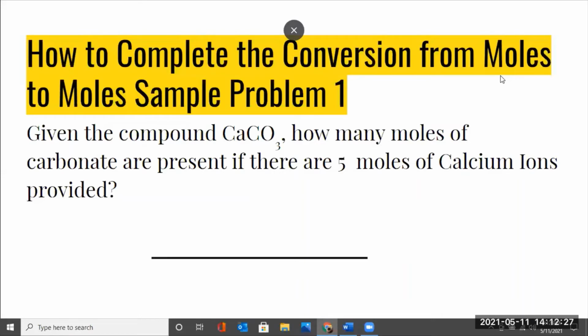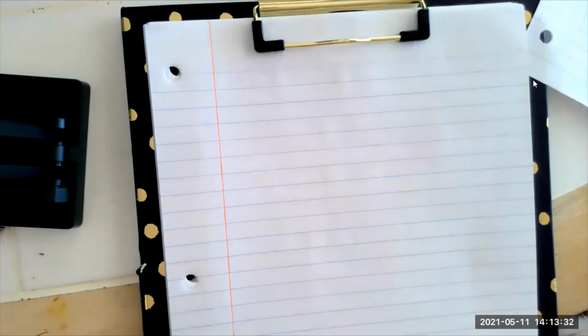Okay, let's do a sample problem. Given the compound calcium carbonate, how many moles of carbonate are present if there are 5 moles of calcium ions provided? So let's talk about how to do that problem. So the cool thing about that problem is you were already given a balanced compound.